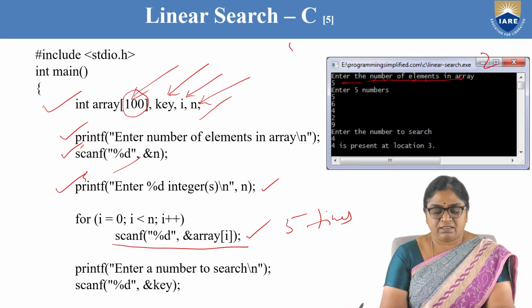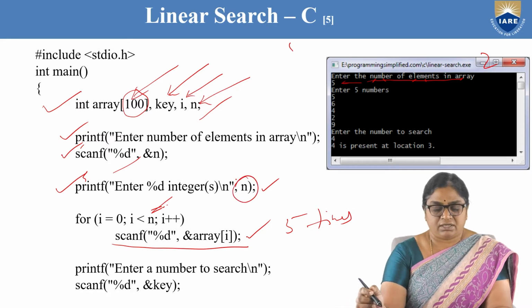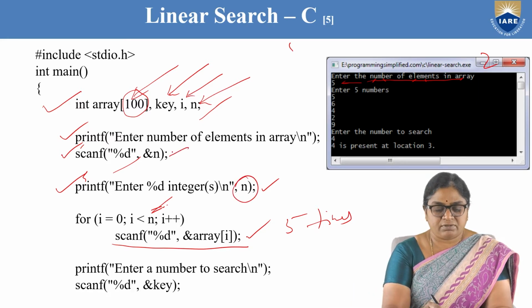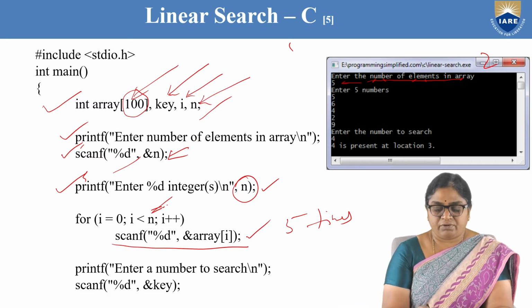If it is 10, then we will go with 10. Here the size is stored in n because this is the value which is entered by the user. So here we are reading 5 different elements.